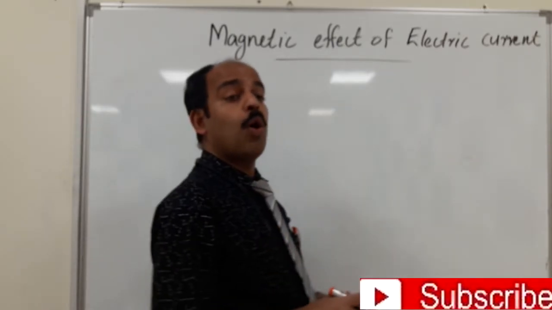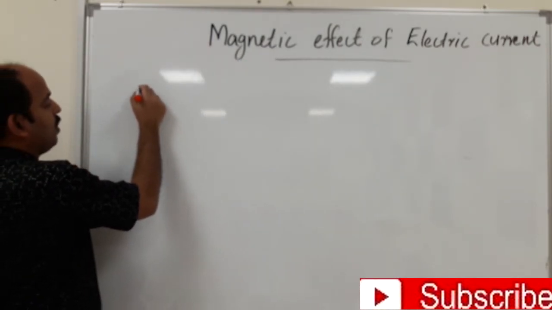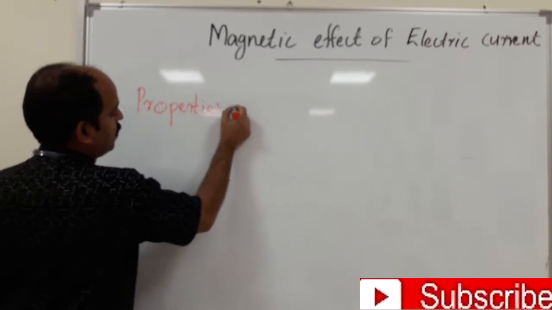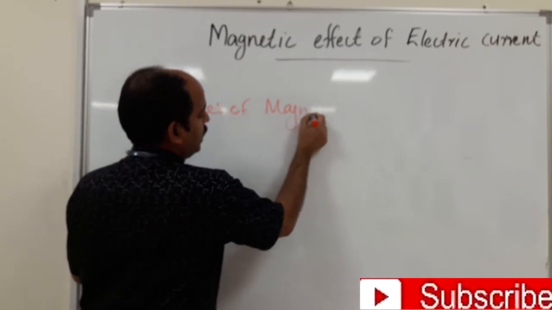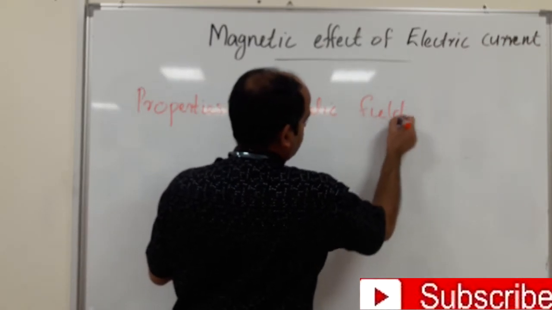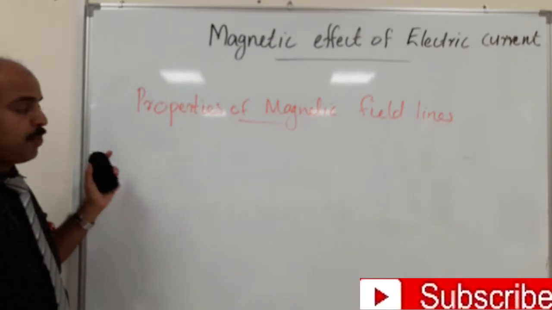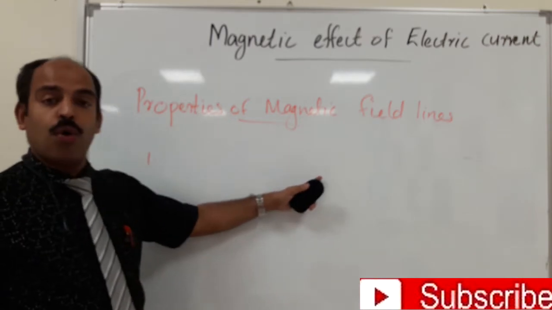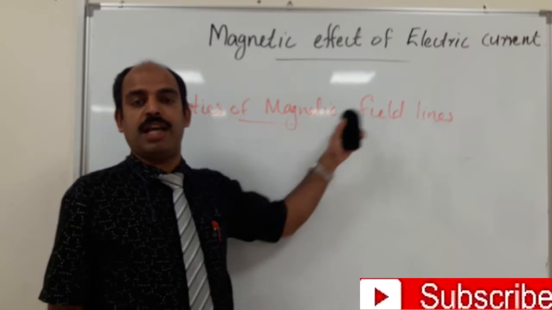Right? Now what are the properties of magnetic field lines? First point: when we were drawing the magnetic field line, we saw that it starts from the north pole and ends on the south pole.